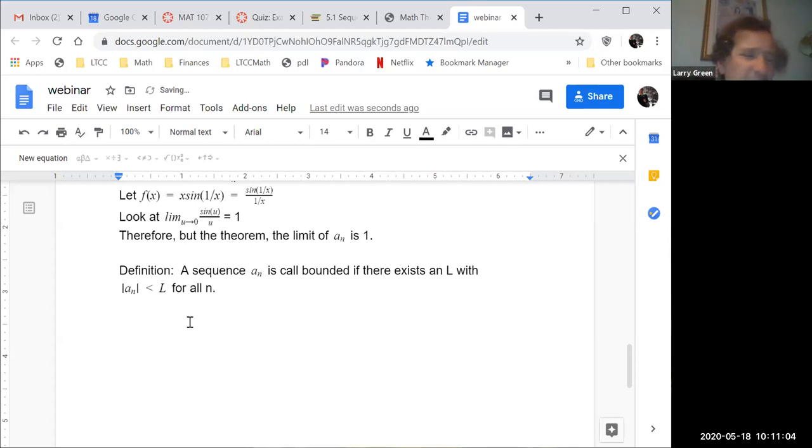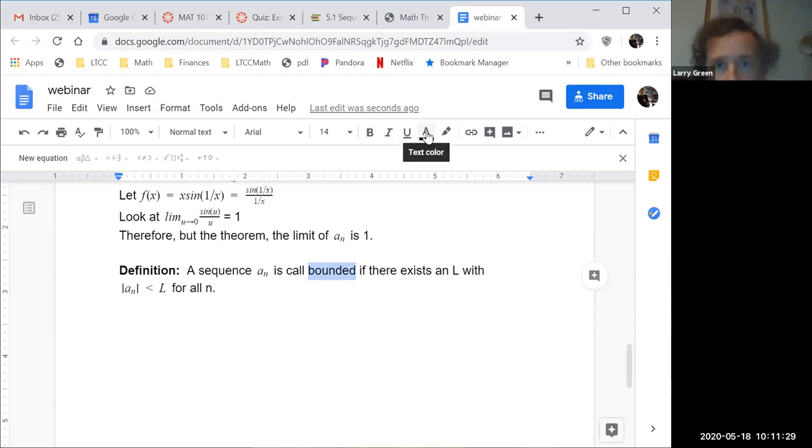Okay, what you can think of in pictures is that it doesn't go above a certain wall. You can grab a wall above and below, and you're never going to get above it and you're never going to get below it. You can always let the wall be the same height above and below. So that's the definition of bounded.